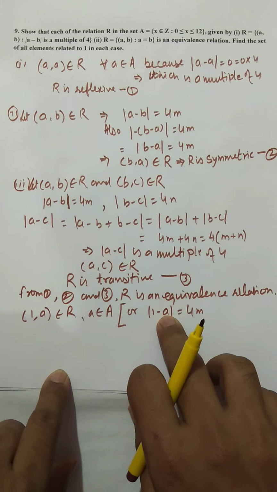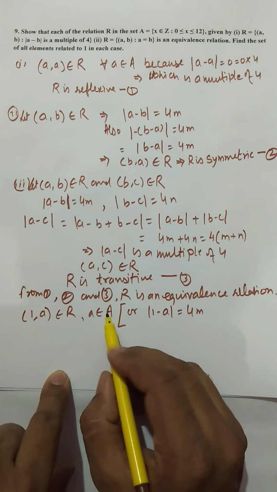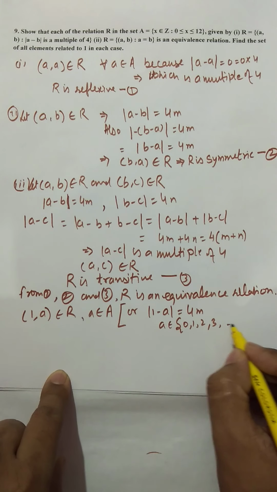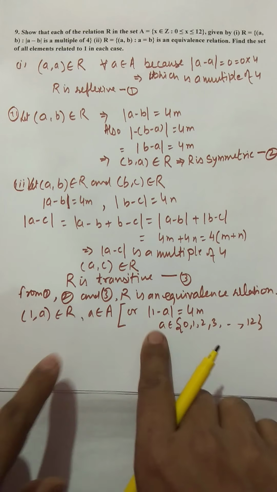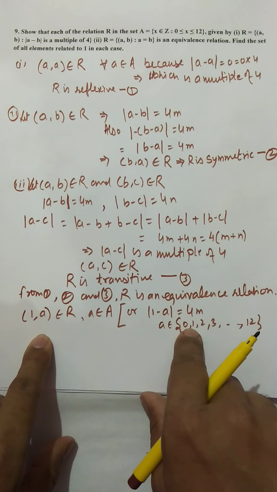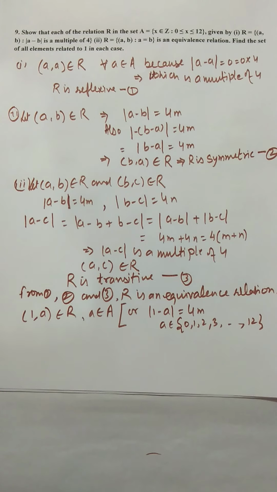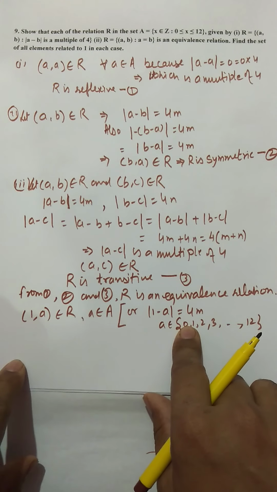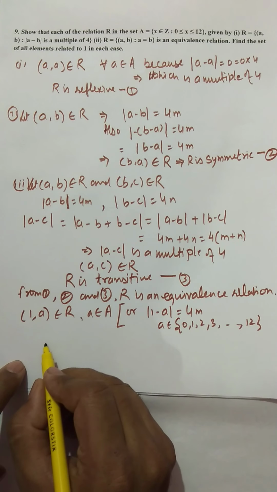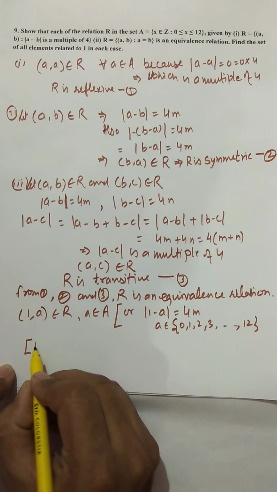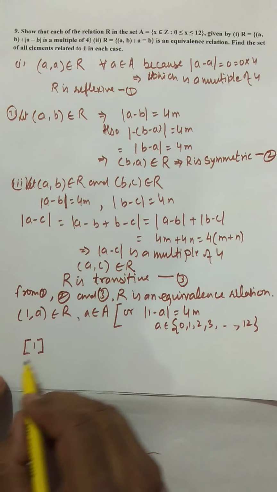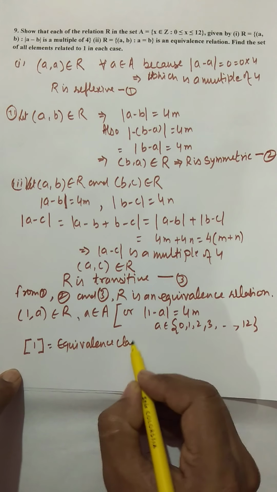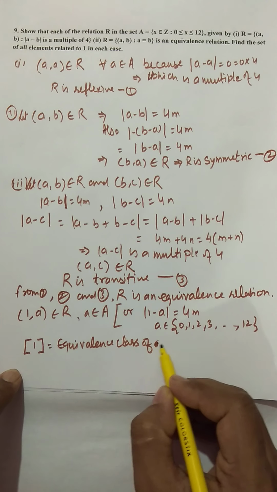So think of the numbers where a belongs to 0, 1, 2, 3 up to 12. Obviously the first number will be 1 itself, because 1 minus 1 is 0, and 0 is a multiple of 4. So 1 can be taken. So we can say that the elements related to 1, this is the symbol, we say this is an equivalence class, the equivalence class of 1.